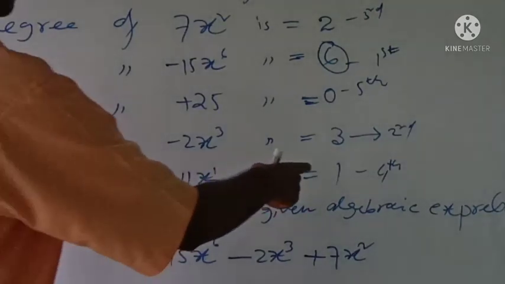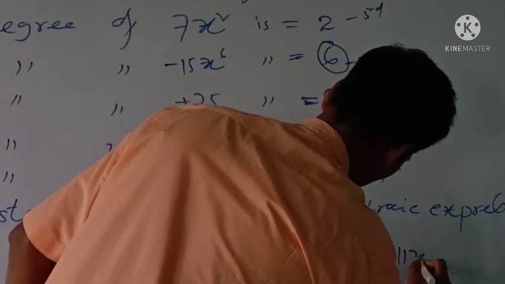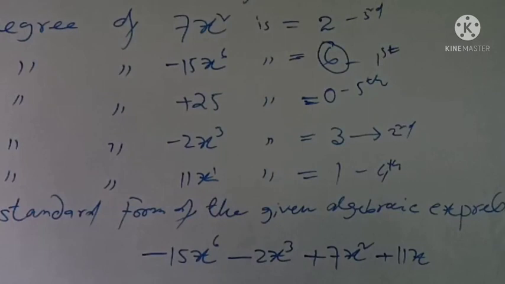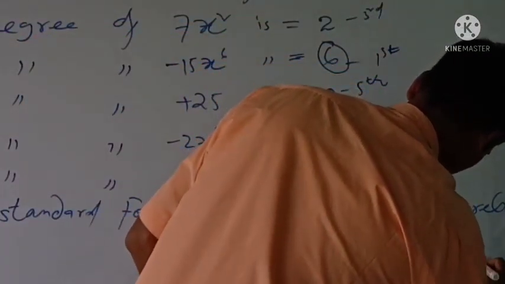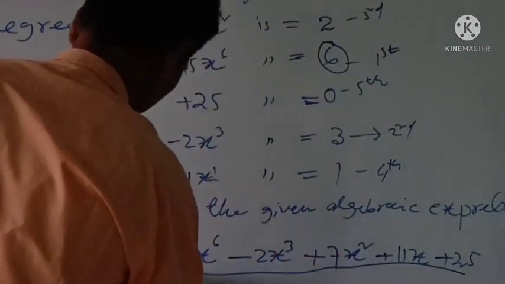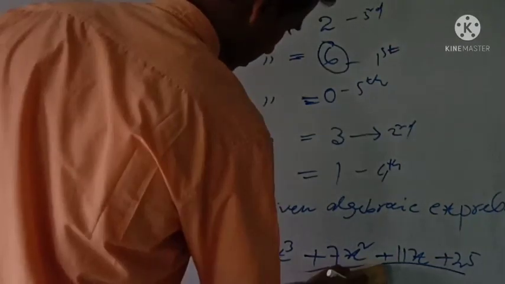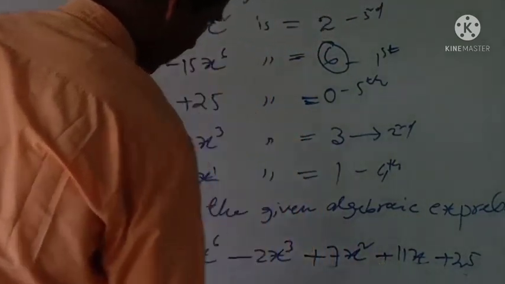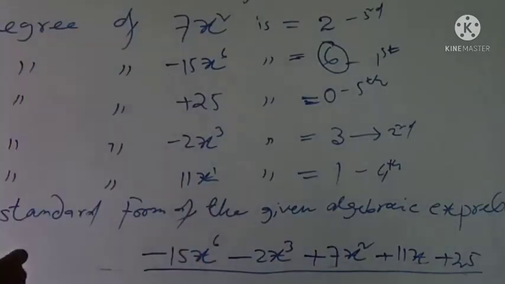Then the fourth term is 11x. Then the fifth term is plus 25. And this is the solution for question number 4, sub question A.